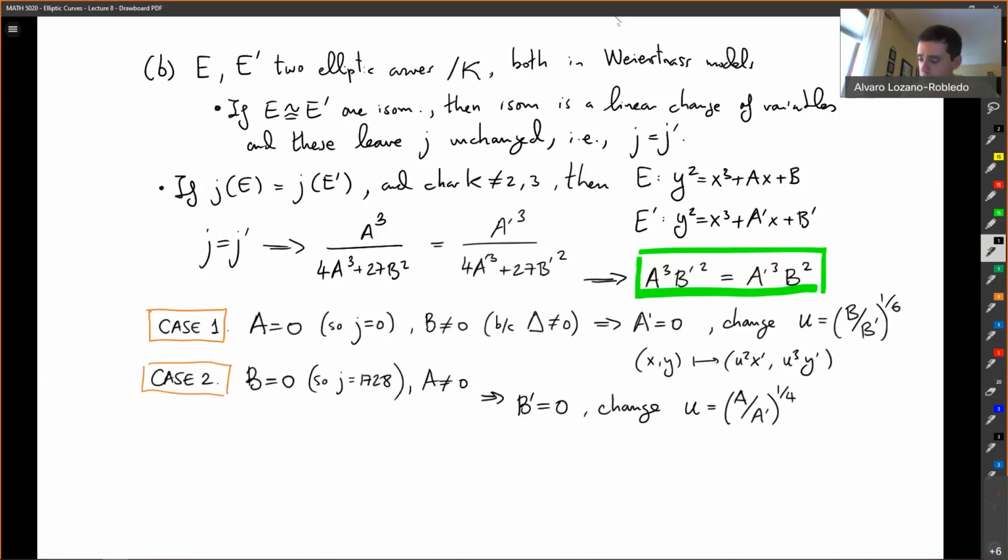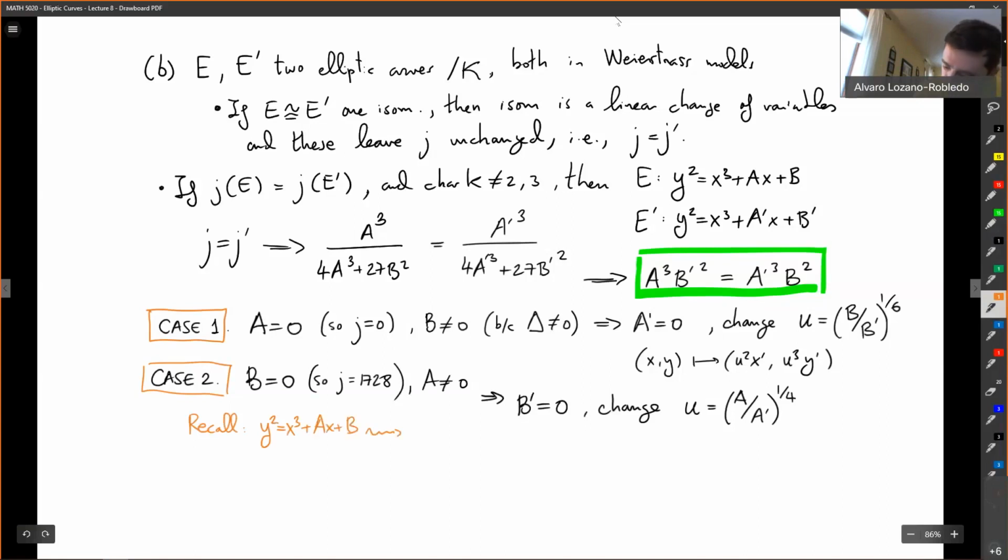Okay. So maybe I'll write that here. Recall that y squared equals x cubed plus ax plus b changes via that change of variables.